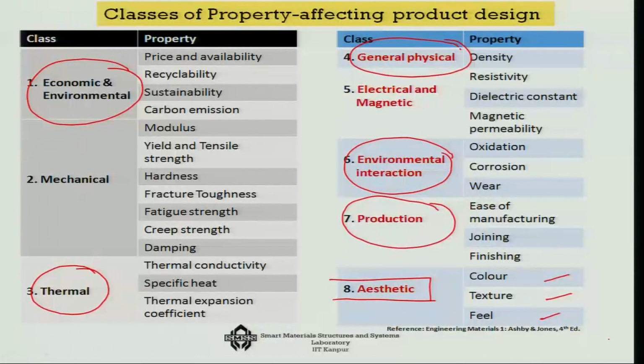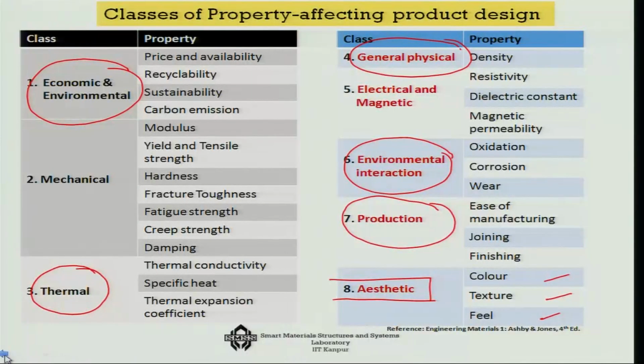On the other hand, if you make it out of polymers, being thermally insulating, they will not lose their temperature, and hence they will give a much better feel or comfort. So, thus aesthetic properties often become important in choosing a particular material, particularly when we talk about consumer products. Okay.